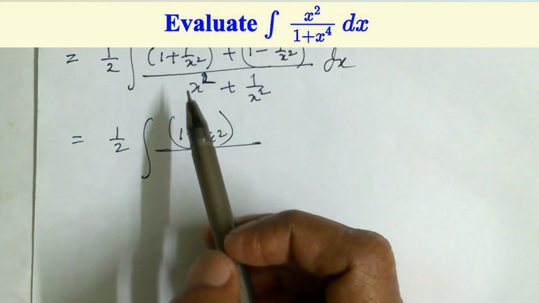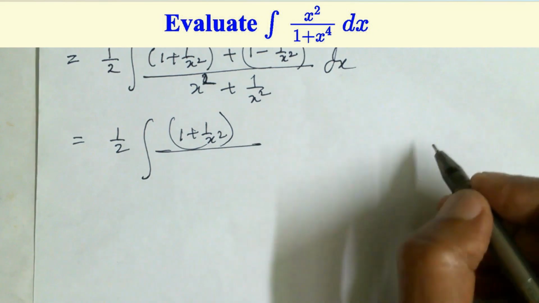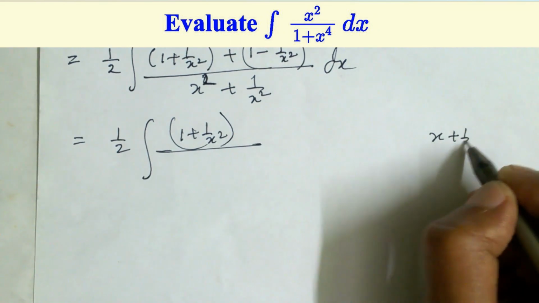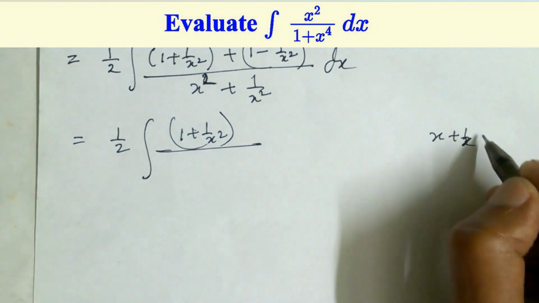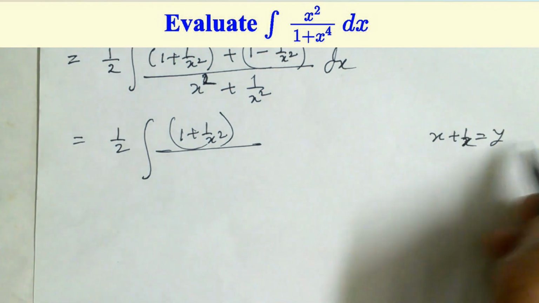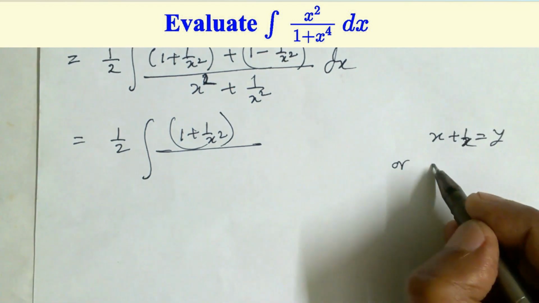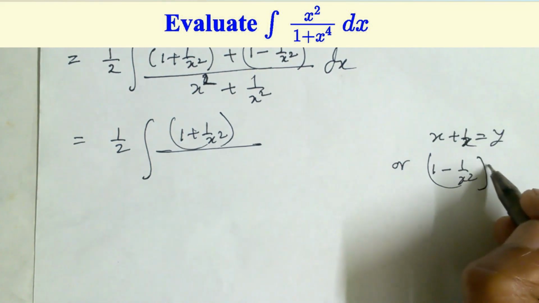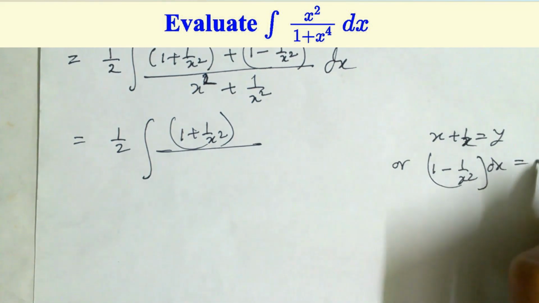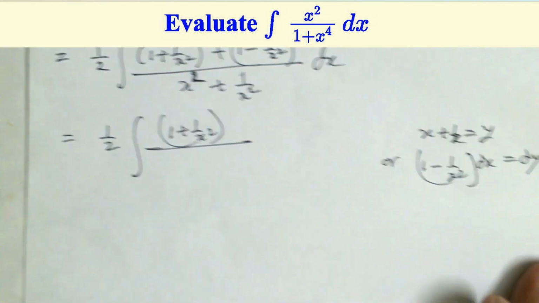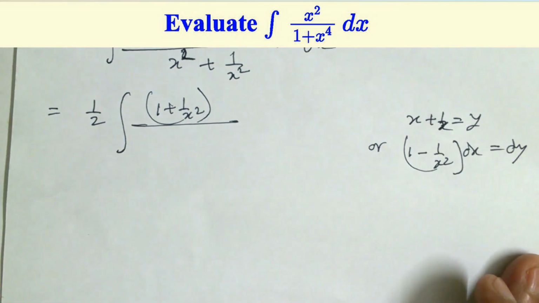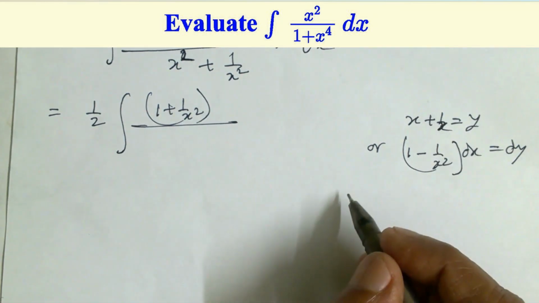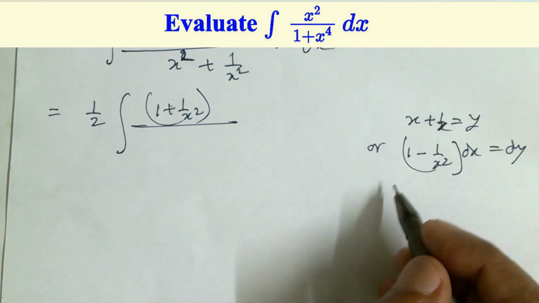See, if we write this way, x plus 1 by x is equal to y. Differentiate both sides with respect to x. 1 minus 1 by x square dx is equal to dy. Is it clear?